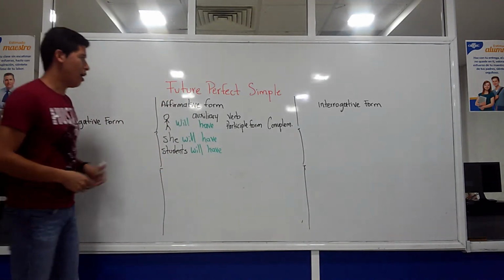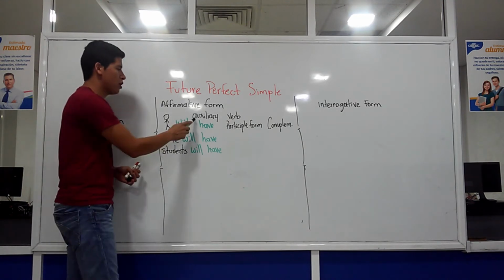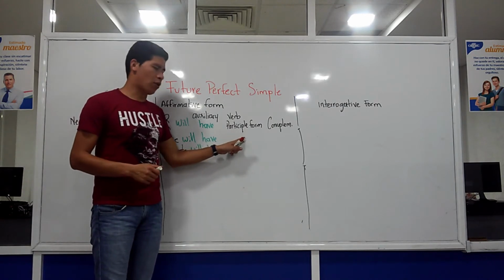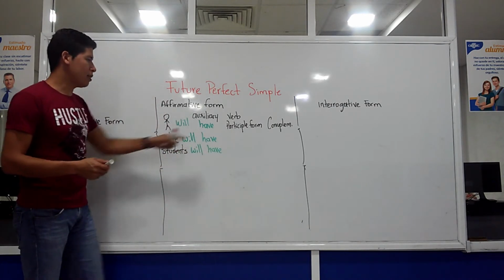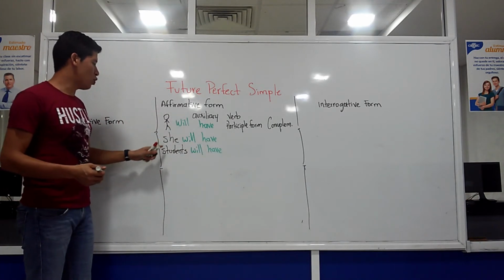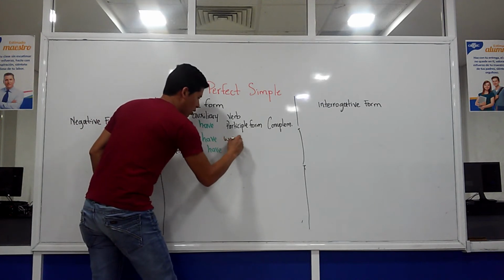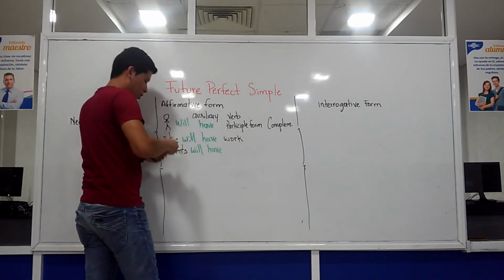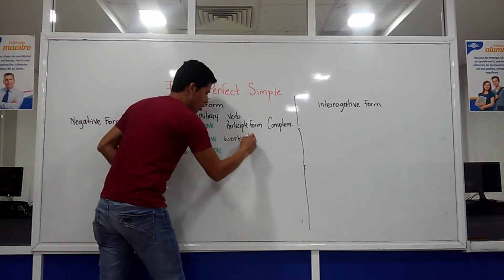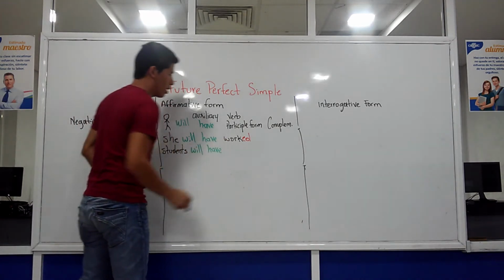Okay? It's future, we use will, it's perfect, we use the auxiliary have, and we need a verb in the participle form. This is very easy. With this part, we can use regular and irregular verbs. I'm going to use a regular verb. The verb is work. She will have work. This is the past participle part with this verb, work.